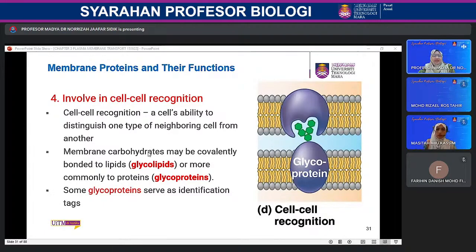Glycoprotein is a carbohydrate that is covalently bonded to a protein. We call it glycoprotein. These are the type of membrane protein that carry out cell recognition.